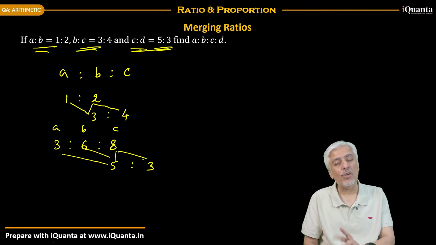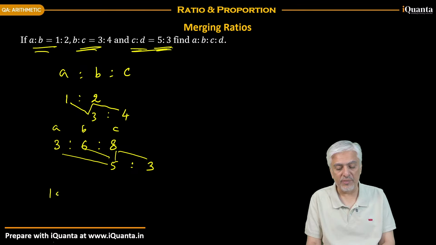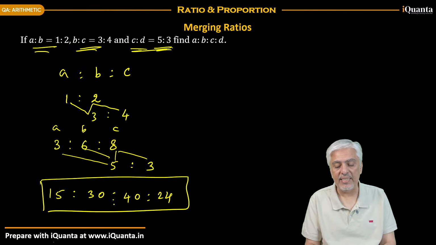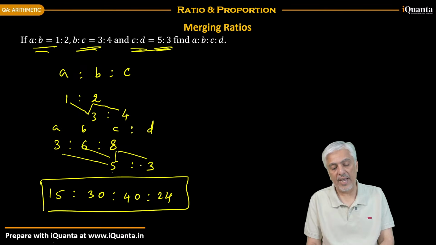The shortcut kind of still works. So it will become 15, 30, 40 and 24. A, B, C, D. So by adding D, the shortcut still works. I wrote 5 ratio 3. 3 5s are 15, 6 5s are 30, 8 5s are 40, 8 3s are 24.